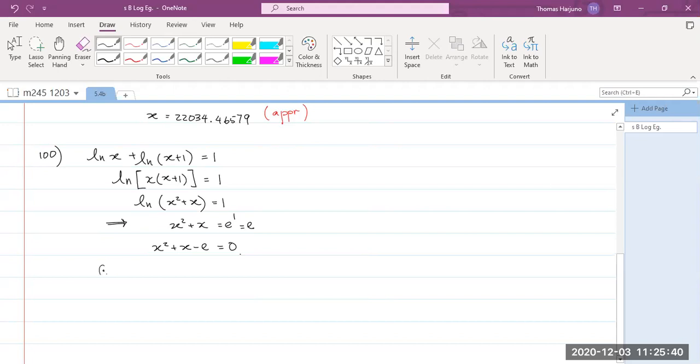the quadratic formula. First, compute the discriminant. The discriminant is b squared minus 4ac, which is 1 plus 4e. That's the discriminant.